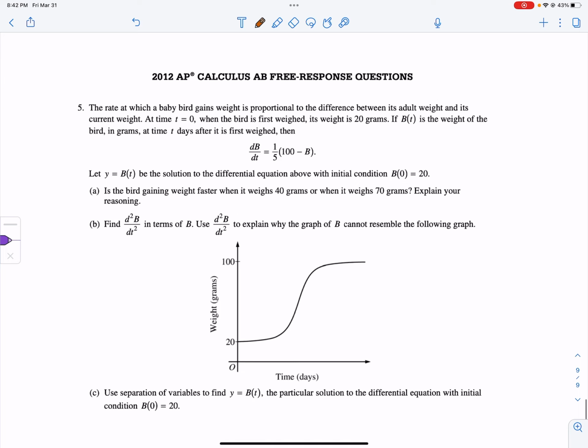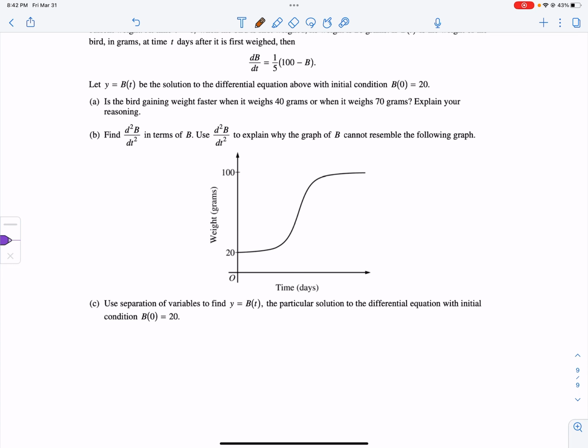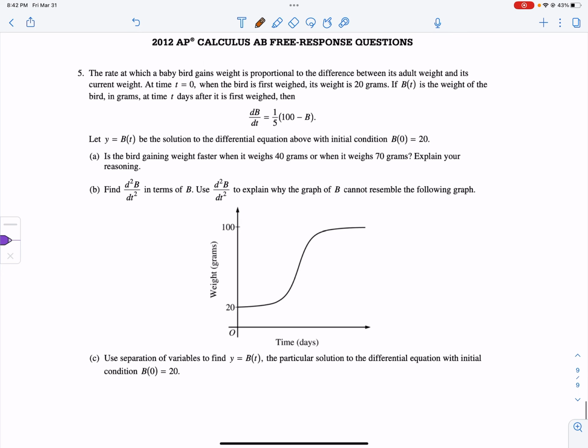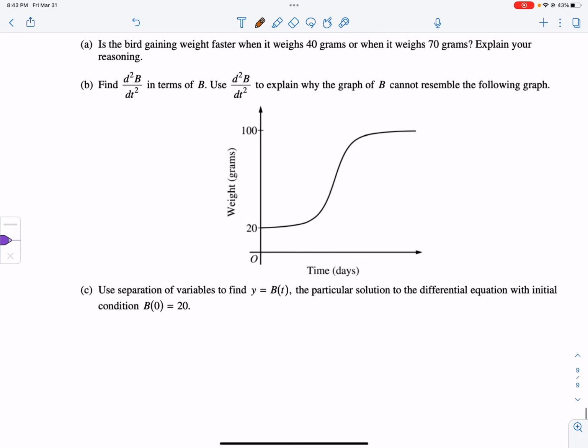Okay, question A. Is the bird gaining weight faster when it weighs 40 grams or when it weighs 70 grams? Explain your reasoning. Well, this is just using the given equation, dB over dt, and plugging each of those weights in for B to see which rate is larger. And it says when the bird is gaining weight, so that better be a positive rate as well.